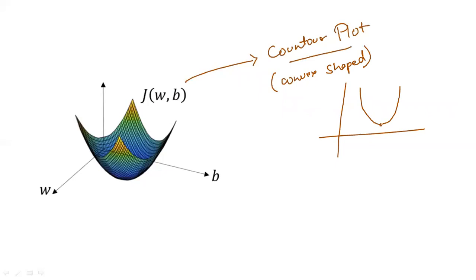A global minima is a point on the curve where, if you draw a tangent, the slope of the tangent is equal to 0. At this point only one tangent is possible, and its slope is 0, so this is the point of global minima.